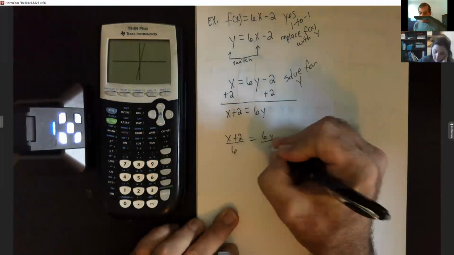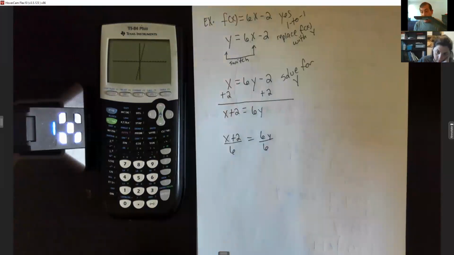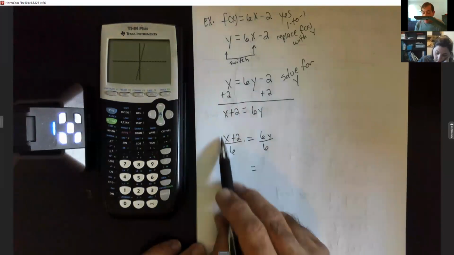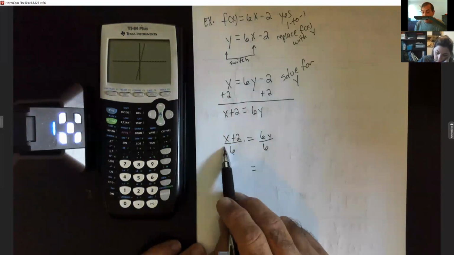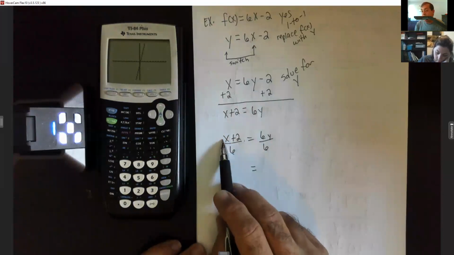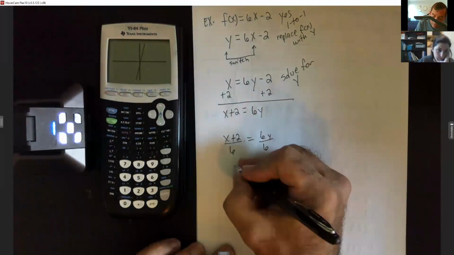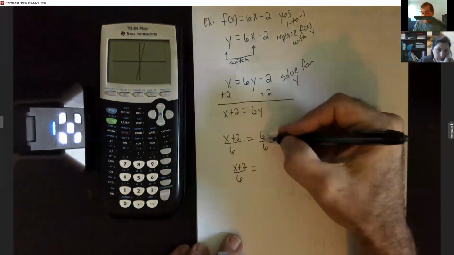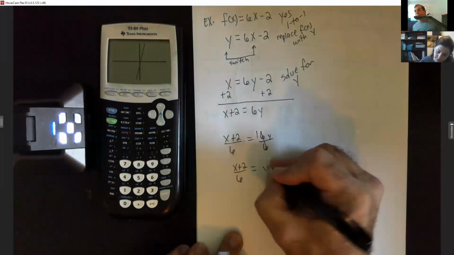And y'all remember, when you've got two things on one side and you're dividing, you've got to divide everything by that 6, okay? So this side does not simplify any because all three of these do not have a 2 in them. So since the x doesn't have a 2, that means we cannot simplify that. So that's going to stay at x plus 2 over 6. But on the right side, the 6 is divided out, making a 1, so I get a 1y.